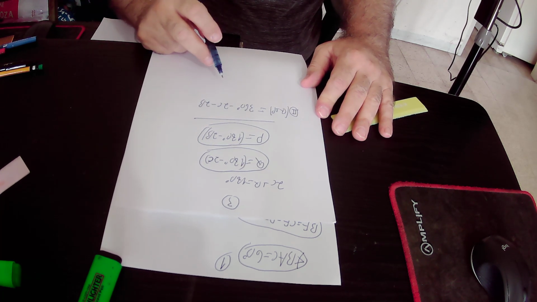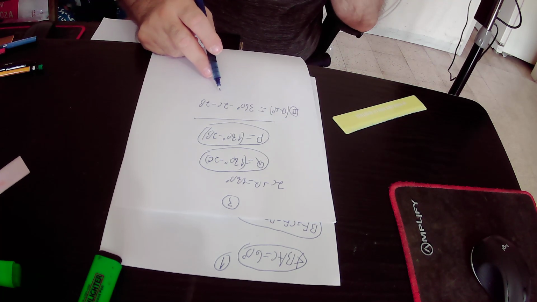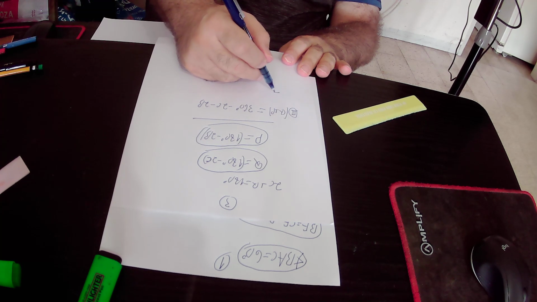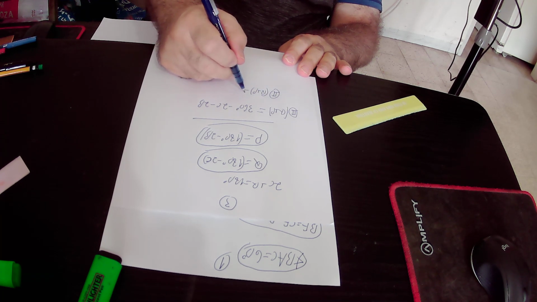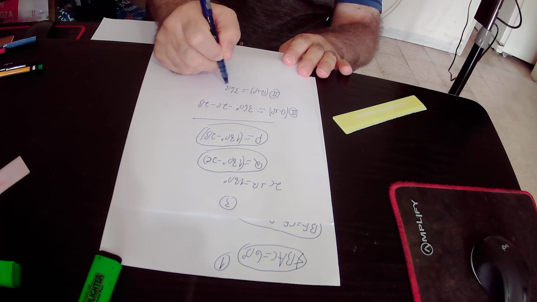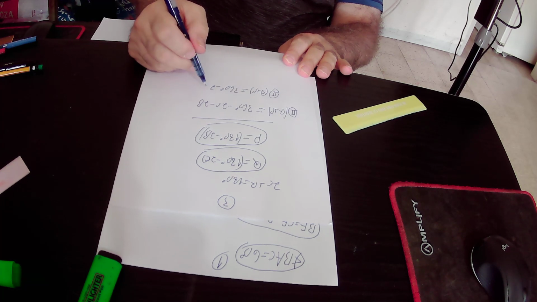So here we will take a common factor of minus 2 from this expression, and we will get that Q plus P equals 360 degrees minus 2, and in the brackets we will have B plus C.